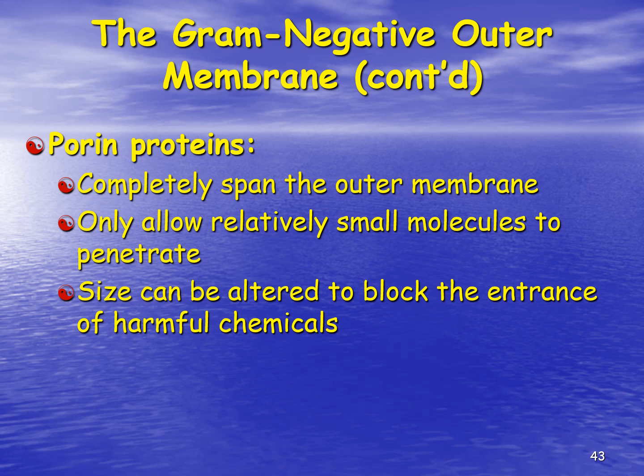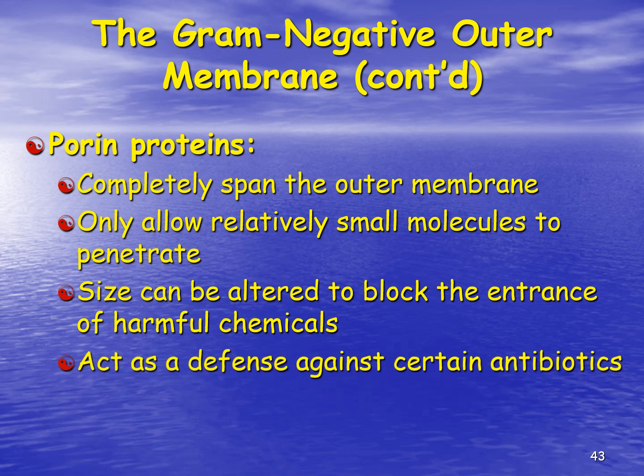So size can be altered to block the entrance, however, of harmful chemicals if we come across that in the environment. The porins can also act as a defense against certain antibiotics, because most antibiotics are very large, and so if the antibiotic is going to work inside the cell, they have a very hard time getting into the gram-negative cells.